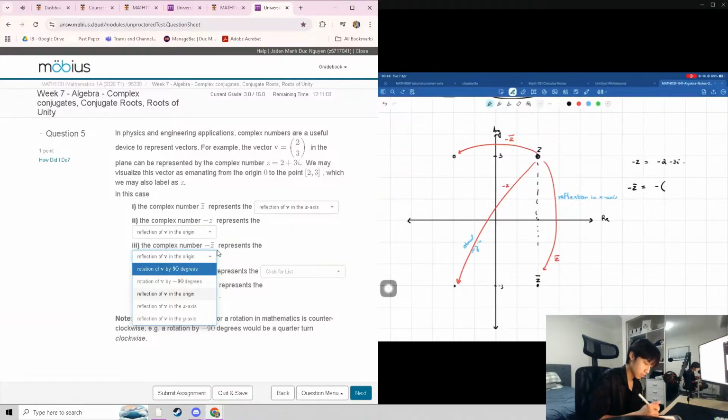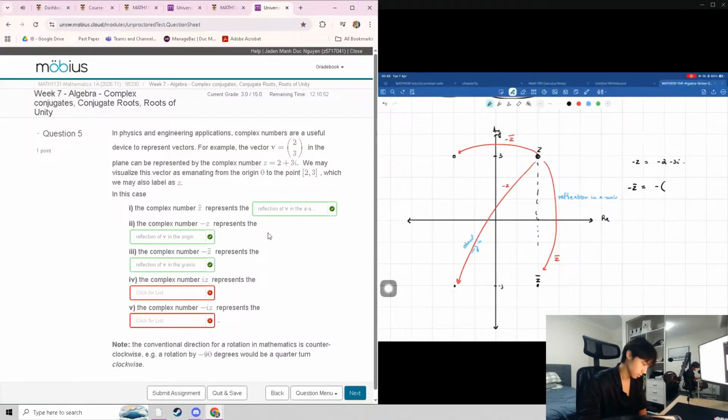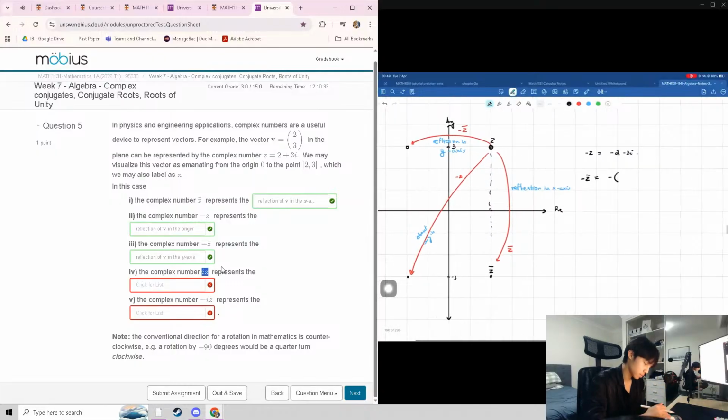This is rotating 90 degrees. Okay, reflection in the y-axis. iz. I'm guessing they flip the number around, right? Wait, let's just name this. This is minus z.